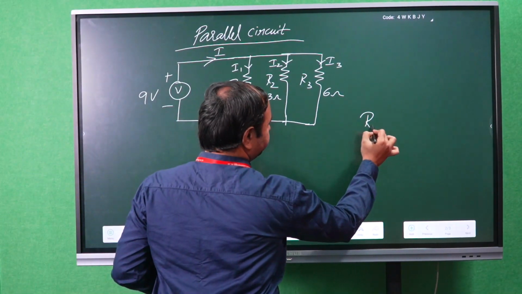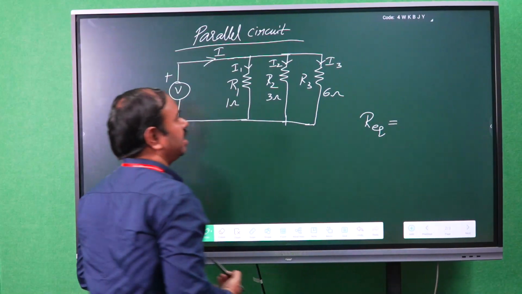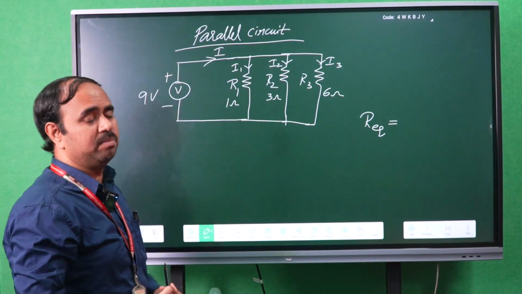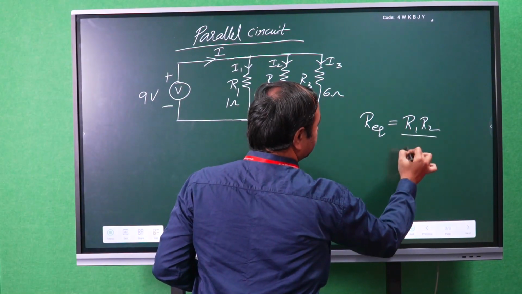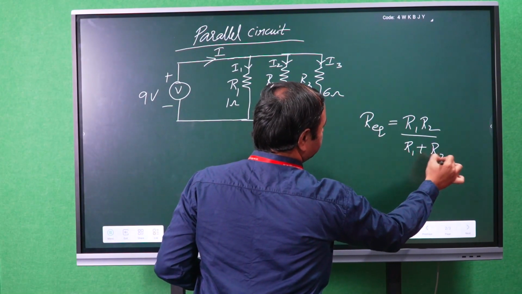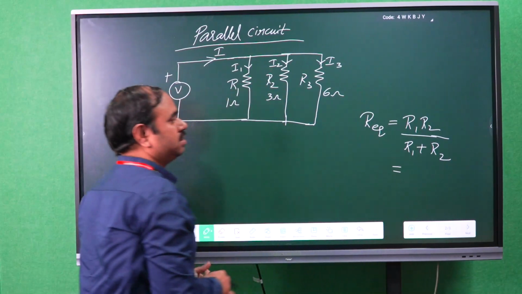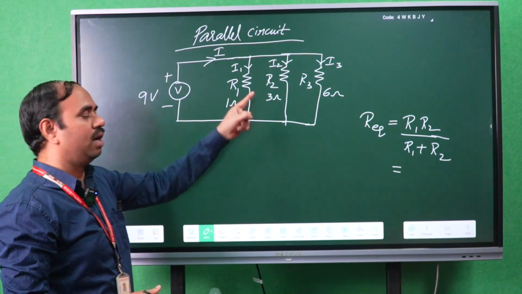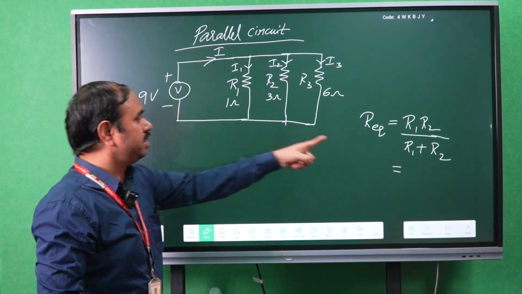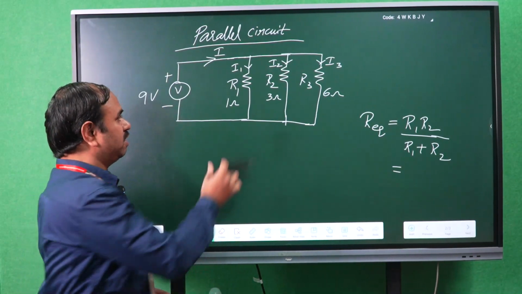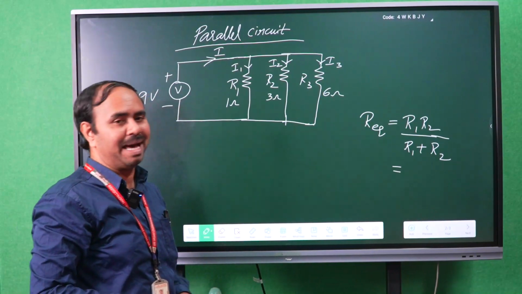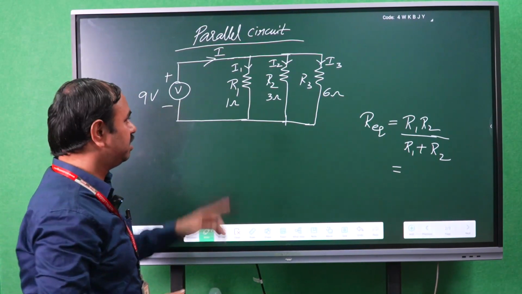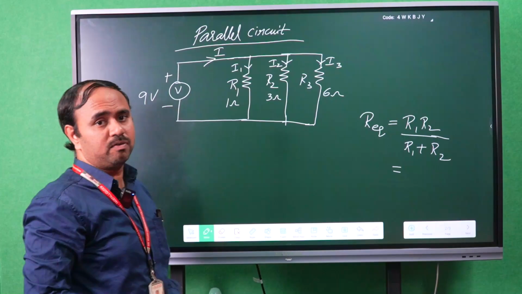If the resistances are connected in parallel, the formula for R equivalent is R1 R2 by R1 plus R2. So with this we are able to solve for R equivalent. For the first two resistances we are calculating by applying the formula of parallel resistance, R equivalent is R1 R2 by R1 plus R2.